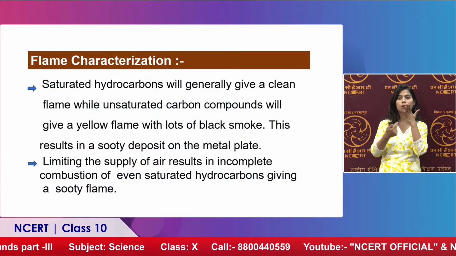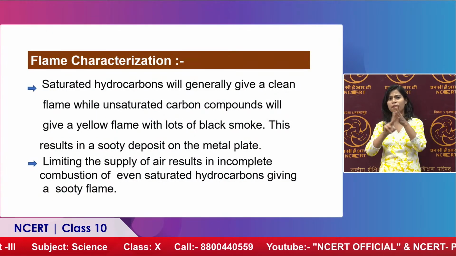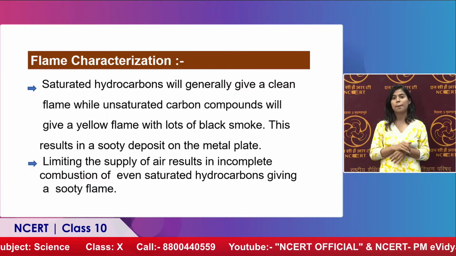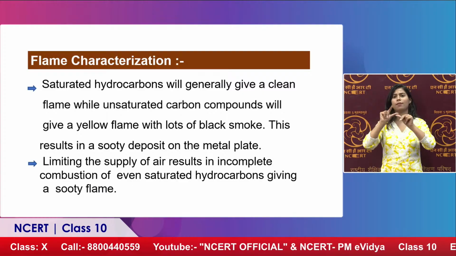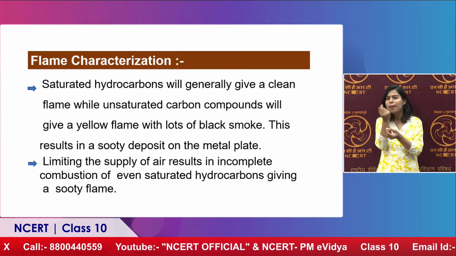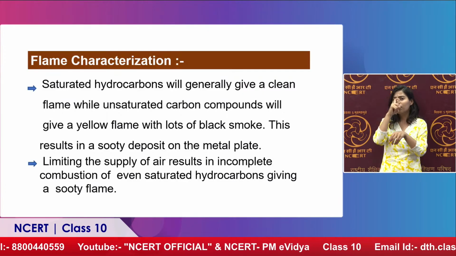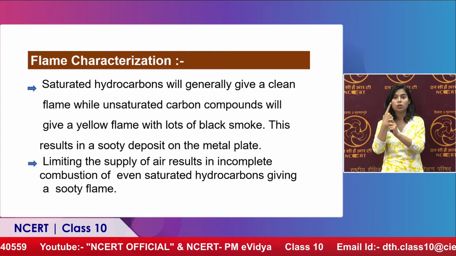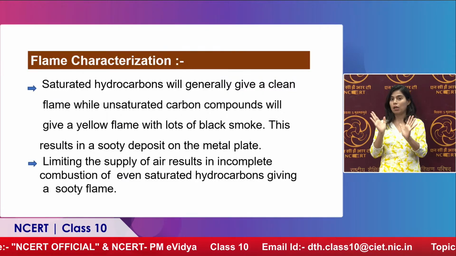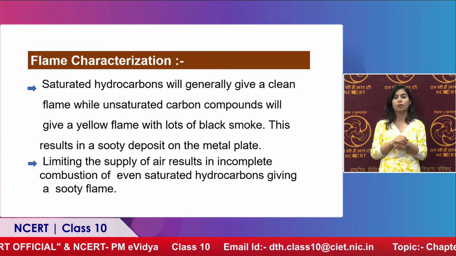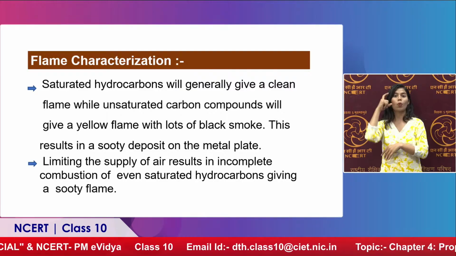So, flame characterization: saturated hydrocarbons will generally give a clean flame, while unsaturated carbon compounds will give a yellow flame with a lot of black smoke. This results in a sooty deposit on the metal surface. Limiting the supply of air results in incomplete combustion of even saturated hydrocarbons, giving a sooty flame.